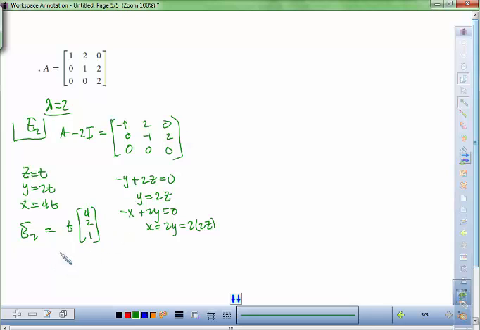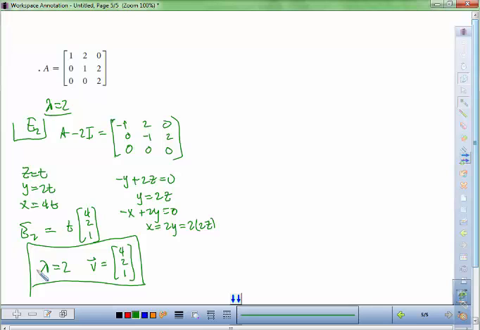And so your eigenvector is going to be 4, 2, 1. Okay? So we got one vector for this one eigenvalue.